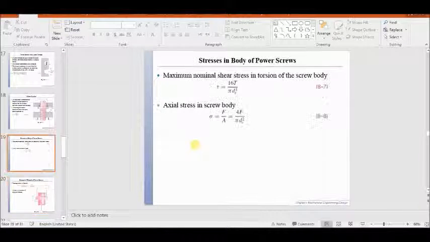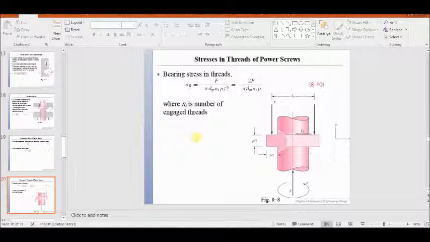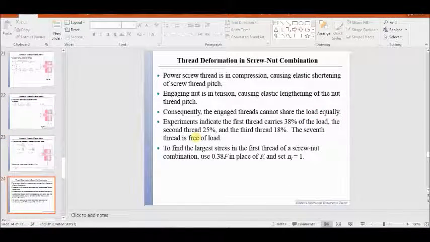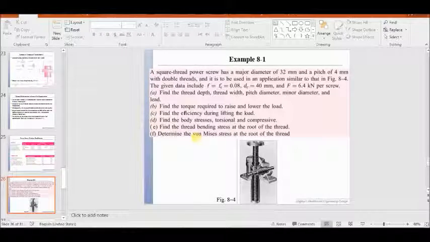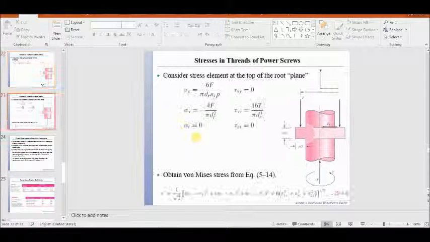Here we have a series of equations to find different types of stresses on the body and thread of the screw. But among these stresses, three of them are more important, which will be located at the root of the screw.